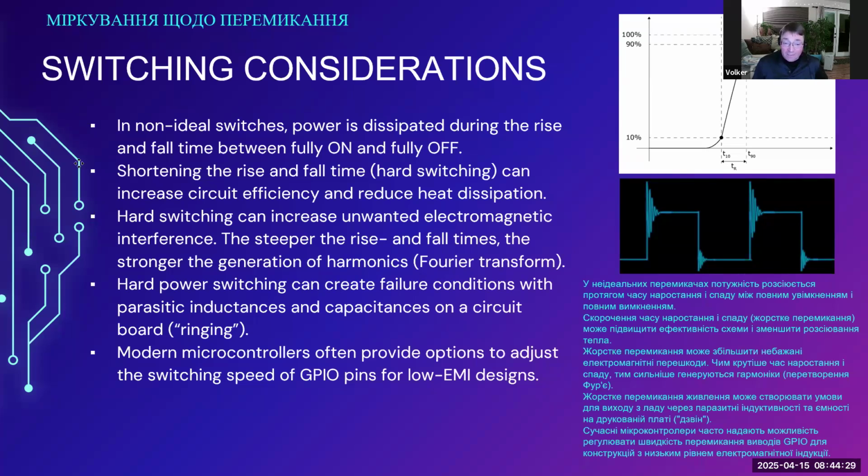The other item is hard power switching, because there are very high harmonics being generated, so hard power switching can create failures. I've seen it in one instance, for example, where a coworker was trying to design an inverter that inverts from 60 volts to 120 volts, and he was using a bus bar.